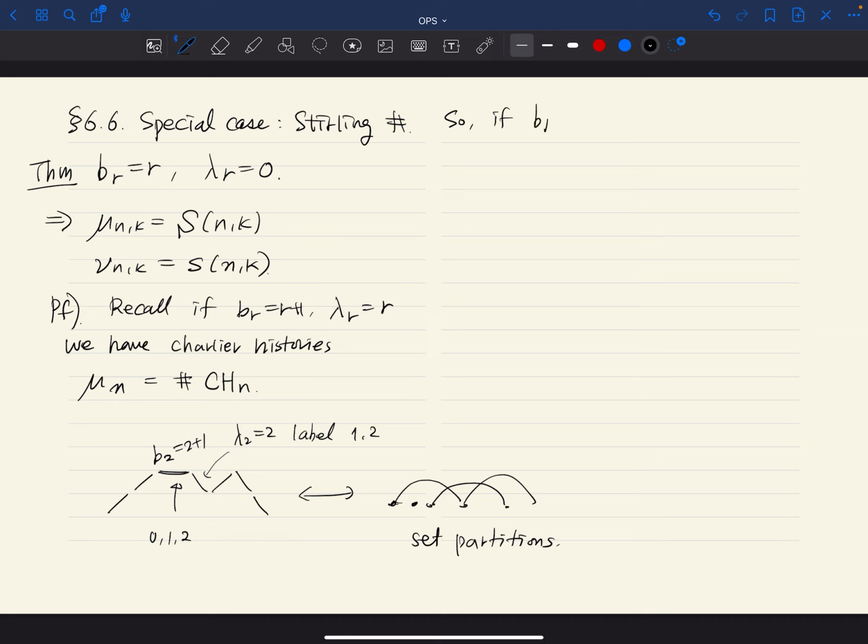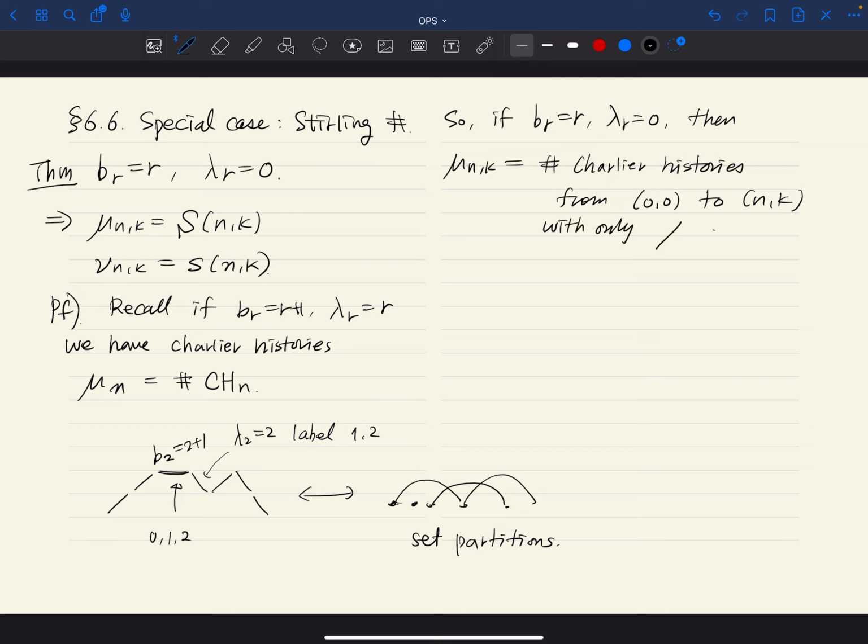So if b_r equals r, lambda_r equals 0, then mu_{n,k} equals the number of Charlier histories, the Motzkin paths from (0,0) to (n,k). But lambda is 0. That means we cannot have any down steps, only up and horizontal, no down.